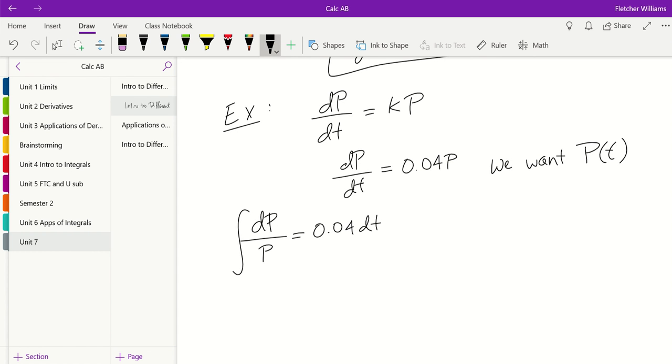We integrate: ln absolute value P equals 0.04t plus C. Exponentiate both sides. And hopefully you can see what we would get is P equals C e to the 0.04t.